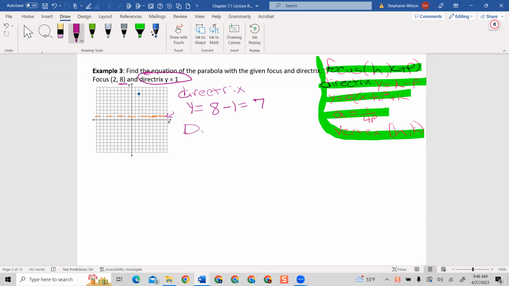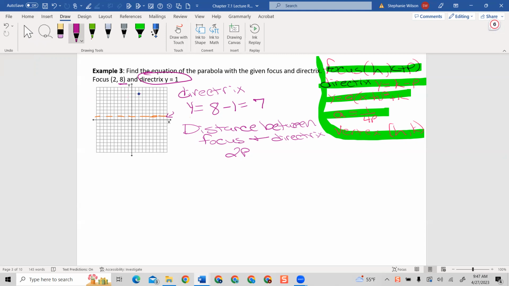So let me write that down. It's 2p. And if you notice this little blue dot right there, that's the focus. That's the ordered pair (2, 8).